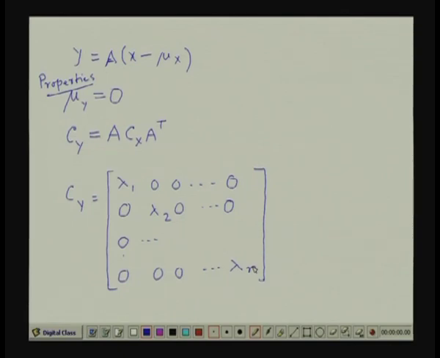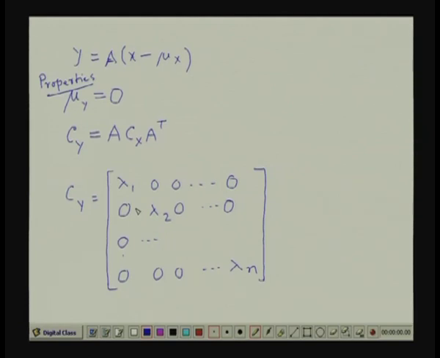And since in this case the off diagonal elements are always 0, that means the elements of the y vectors are uncorrelated. So, the properties of the vectors y that we have got are: the mean of the vectors equal to 0.